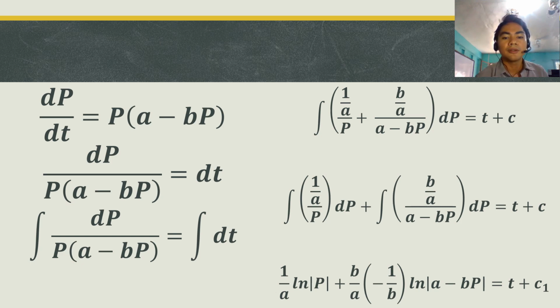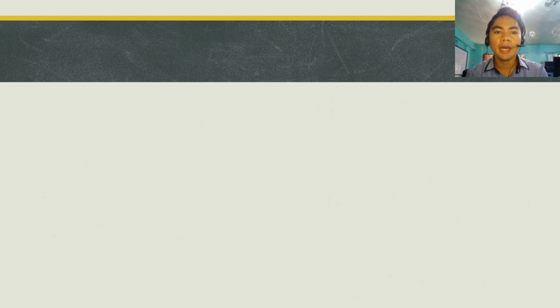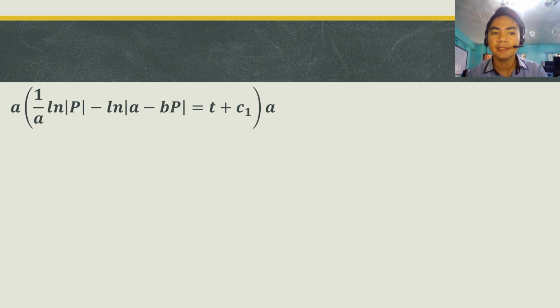We have 1 over a ln absolute value of P plus b over a times negative 1 over b ln absolute value of a minus bP equals t plus c sub 1. Now we are equating c to c sub 1. Alright, now let's multiply both sides by a and simplify.